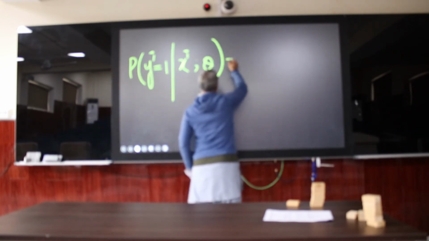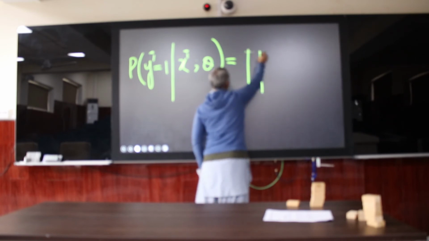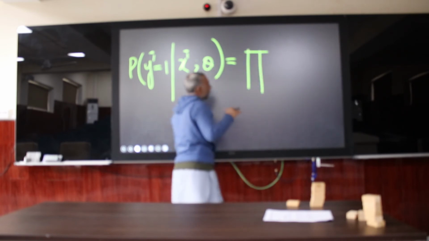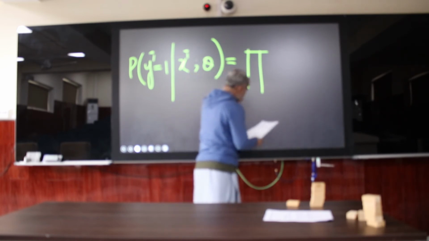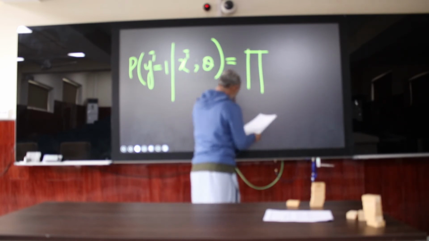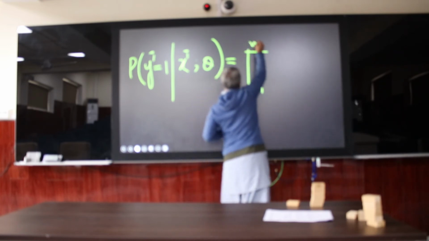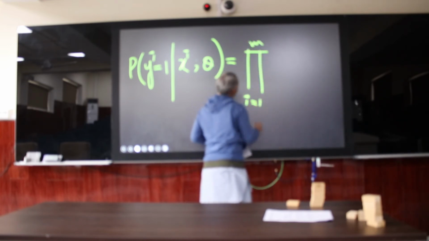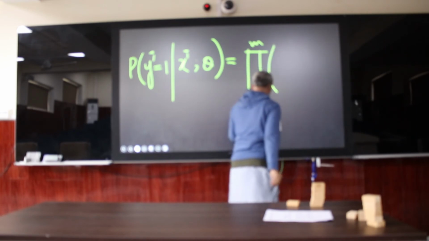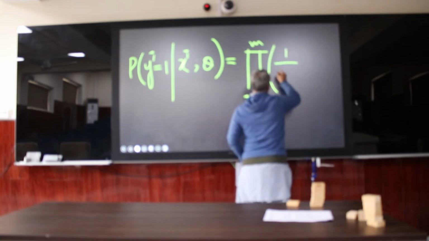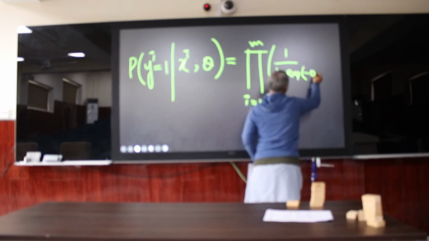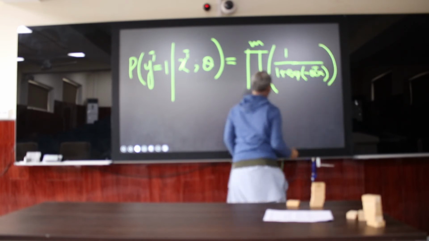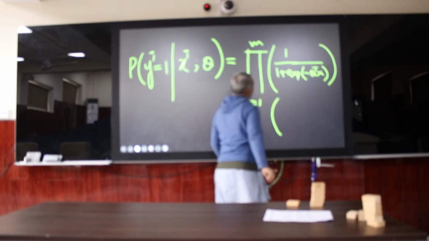In your probability, this product is basically a replica of summation, and for m number of examples it can be written like 1 over 1 plus e to the minus theta transpose x, and again the product.